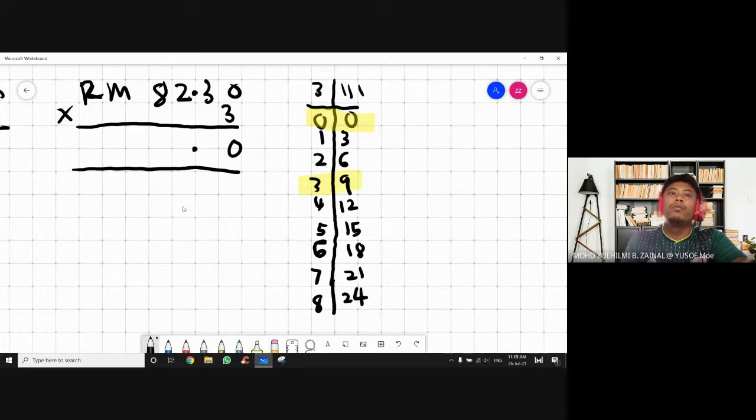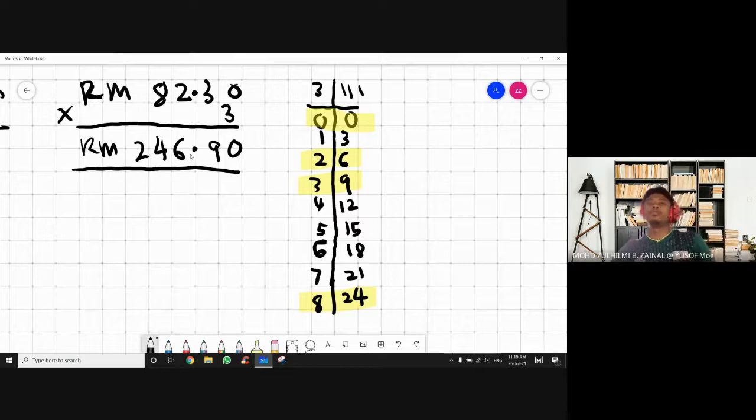So you have to copy down je 9. 2 times 3 equals to 6. 8 times 3, tadi kita dah buat. 24. So tak ada number dah depan kan? No need to do regrouping. Copy down je 24. Then your answer should be RM246.90.